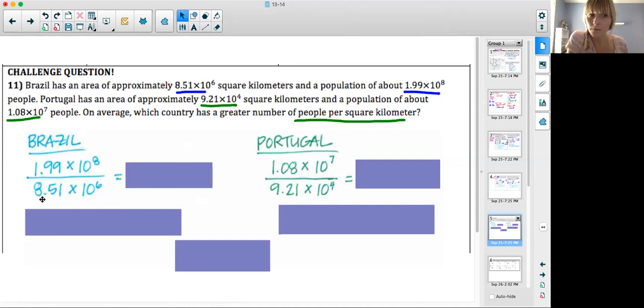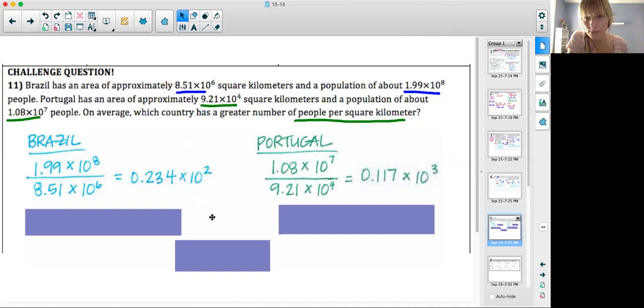But then what did I do? I divided coefficients. Look at Brazil. I did 1.99 divided by 8.51, and I subtracted exponents. And that led me to that. Did the same thing for Portugal. Divided coefficients. Always do the top divided by the bottom. Always. 1.08 divided by 9.21, and I subtracted exponents.